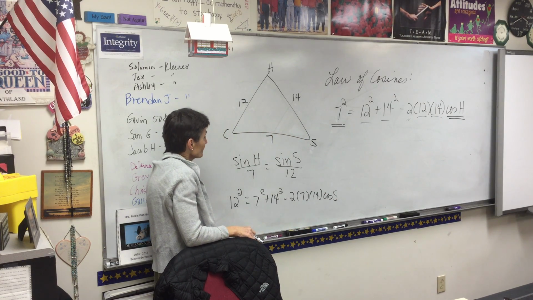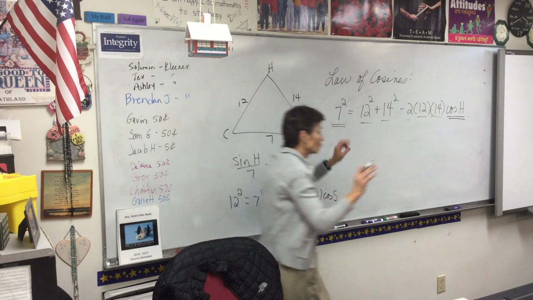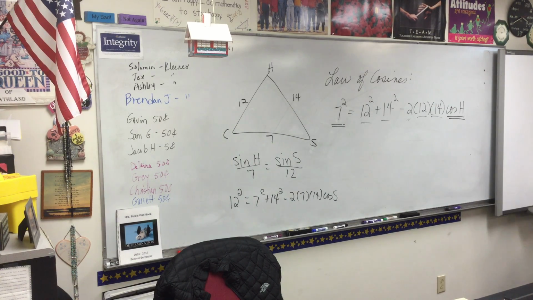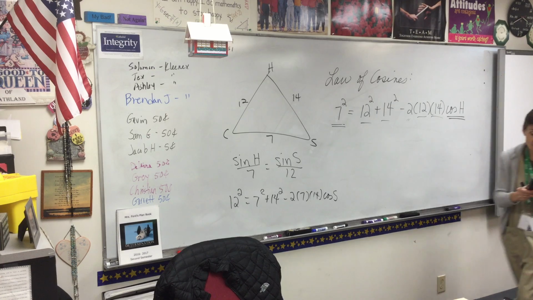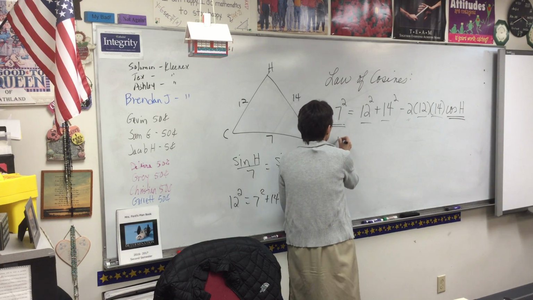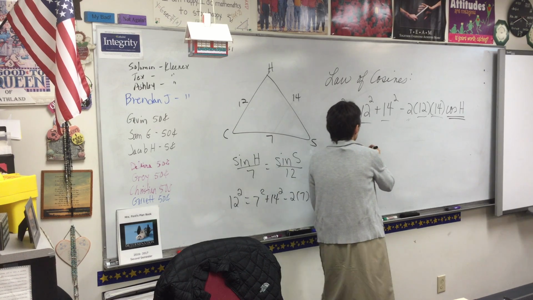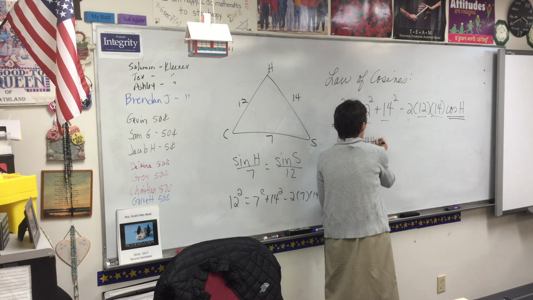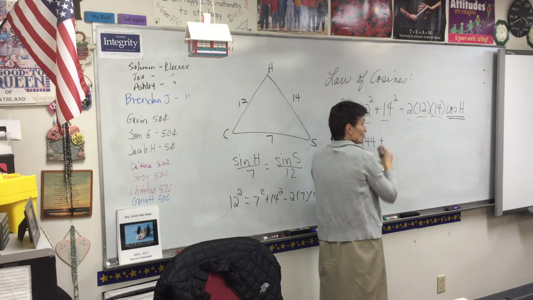Okay? All right, now how does this solve? Well, the first thing I would suggest you do, especially since we're just beginning, is work all this out. So 49 equals 144. I'm just squaring these, and you've got a calculator.